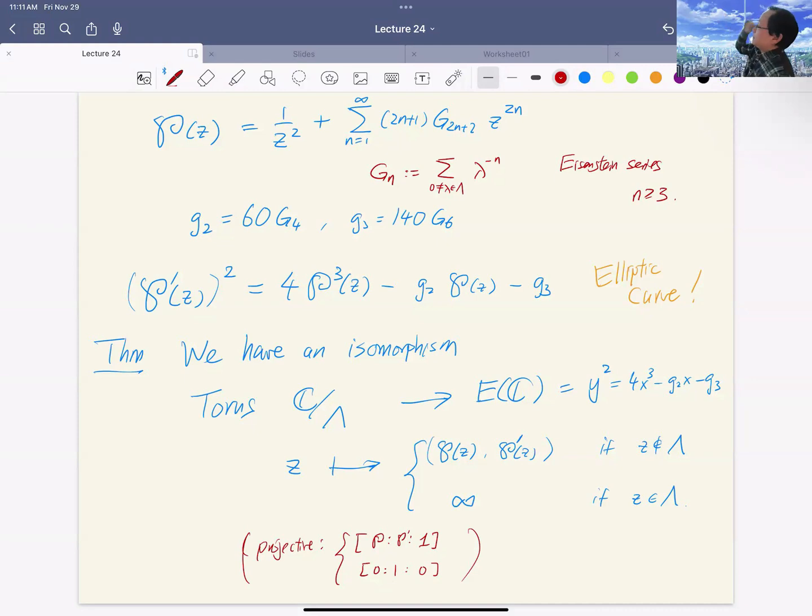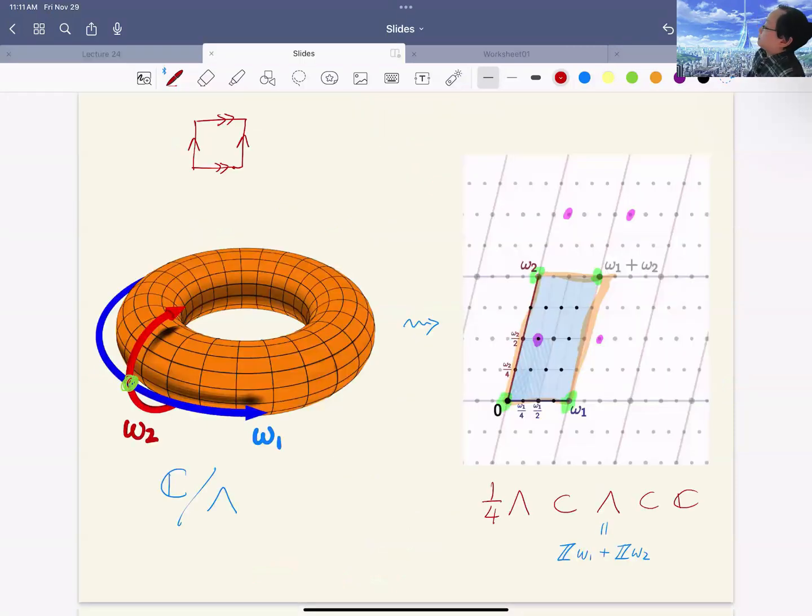Right. So now we have a parameterization, but the good thing is that we have a torus, and a torus is not just any surface. It is so special because it has 2 periodic directions, which means you can add points on the torus. If you look at this picture again, I can actually add 2 points.